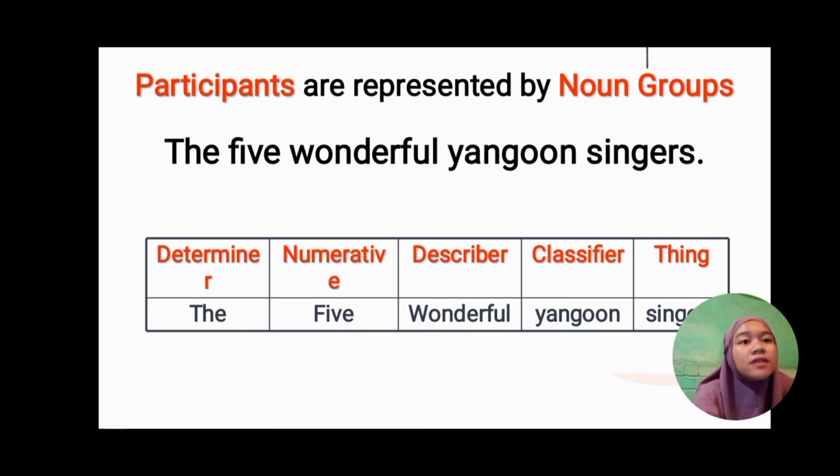The five wonderful Yangon singers. This is the example. Here "the" is a determiner, especially the article, and the numerative represents five. The describer "wonderful" describes the subject, then the classifier "Yangon", and the thing, "singers". So singers here is the thing.